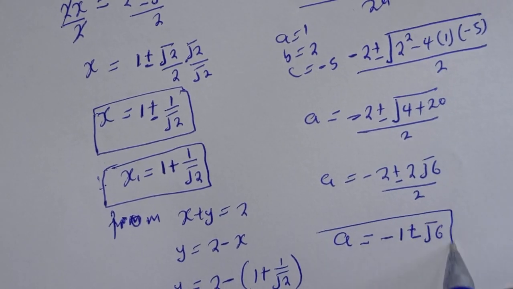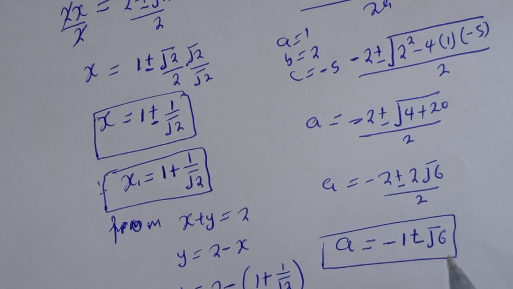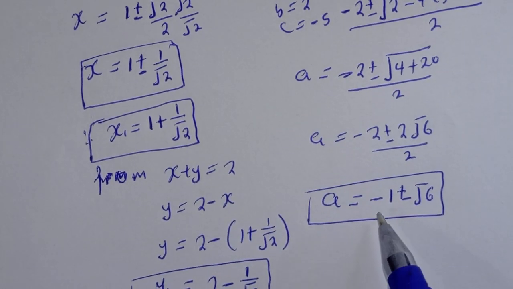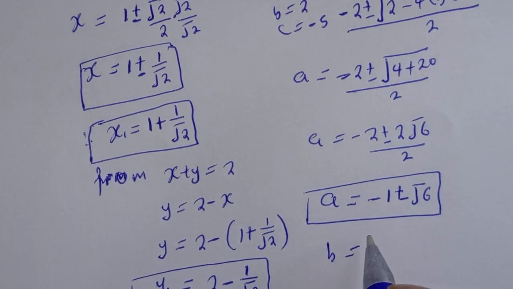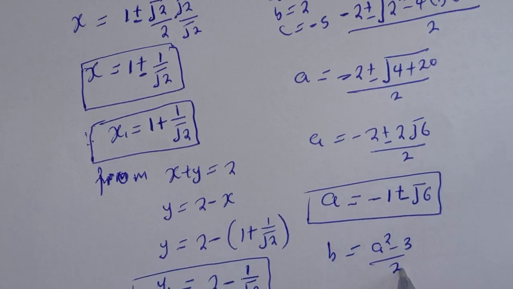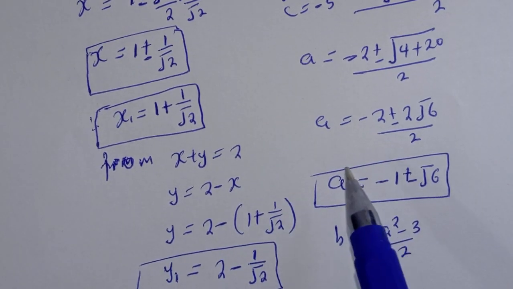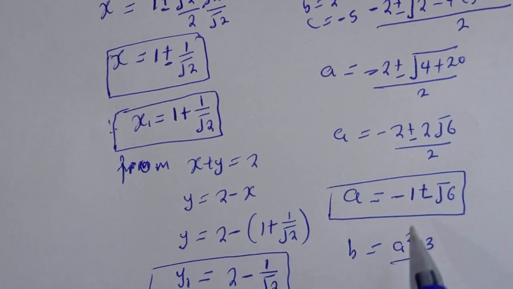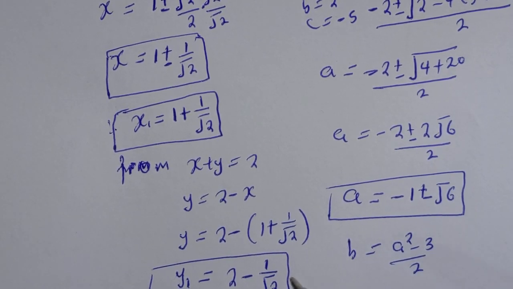Then we've got the value of a. We can also substitute this for b, from b is equal to a squared minus 3 over 2. Then when you get the value of b, you solve for x and y following the same procedure, to get the values of x1, y1, x2, y2.